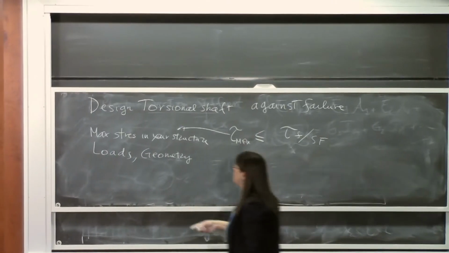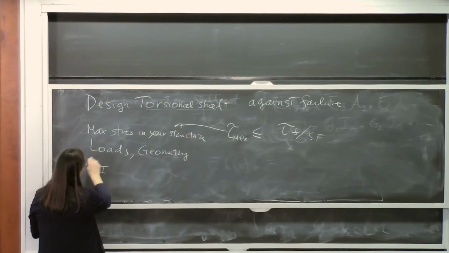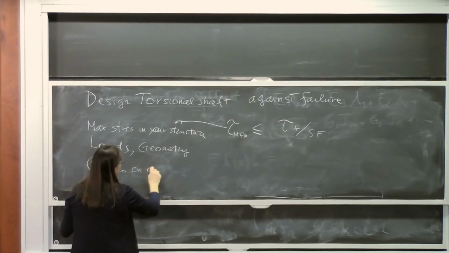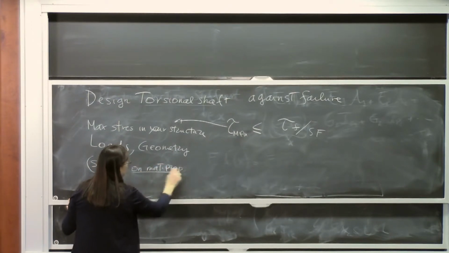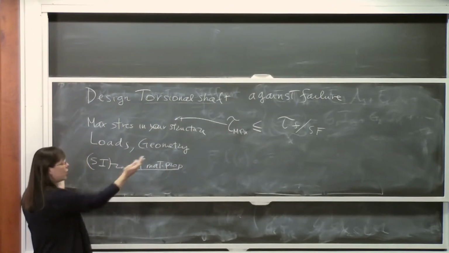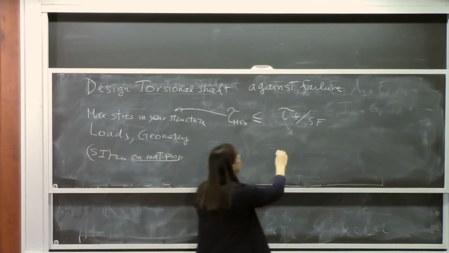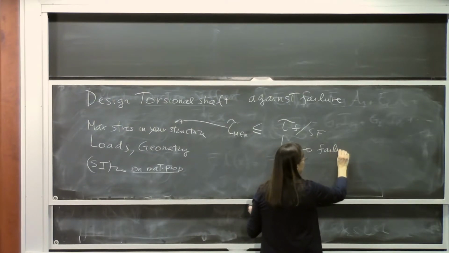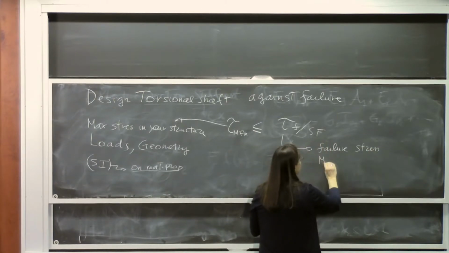So it depends on the loads, on the geometry, and for a statically indeterminate problem, it can also depend on the material properties. So this one is what's inside your structure. This thing, tau F, is a failure stress, and this is a material property.